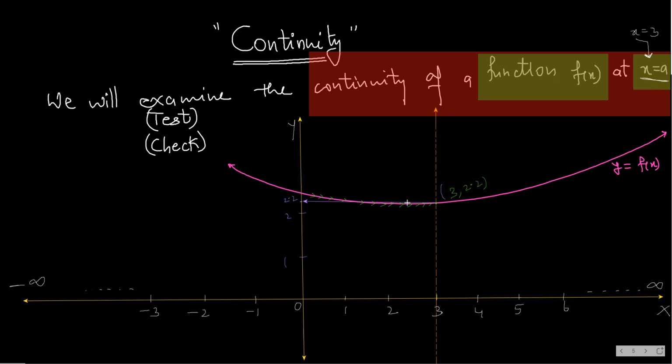At every point, the value of x will go close to 3. If I write the coordinates of all these points, every point will have its x coordinate approaching 3, because you are moving from left to right.